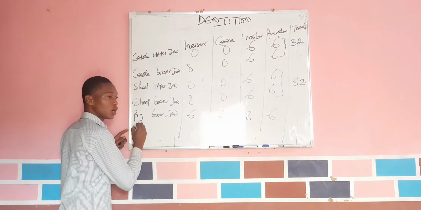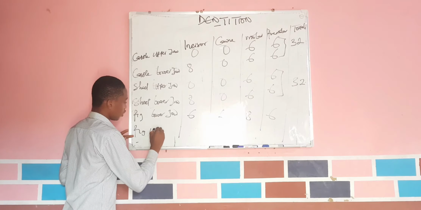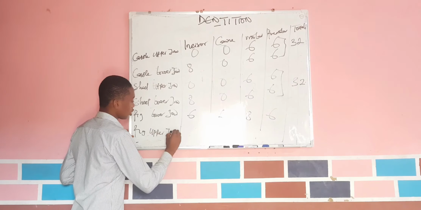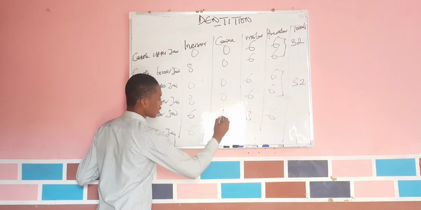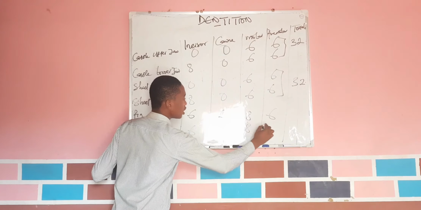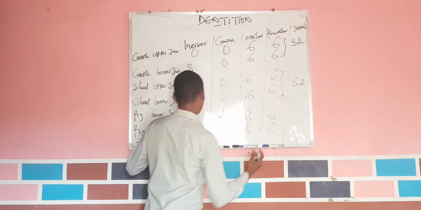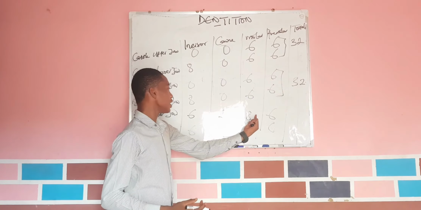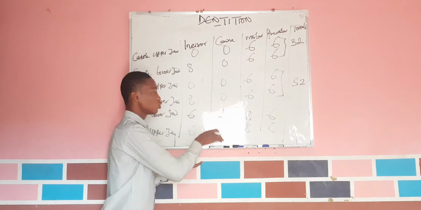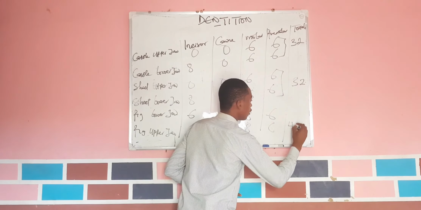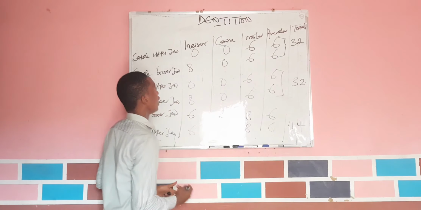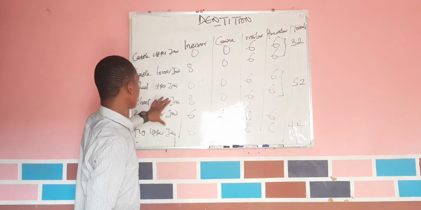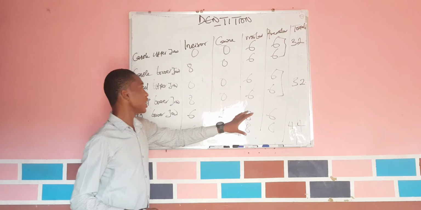Now for the pig upper jaw, that should be 6, 2, 8, 6. The upper jaw here is 22, and the lower jaw is 22, making a total of 44 teeth. The pig has 44 permanent teeth.